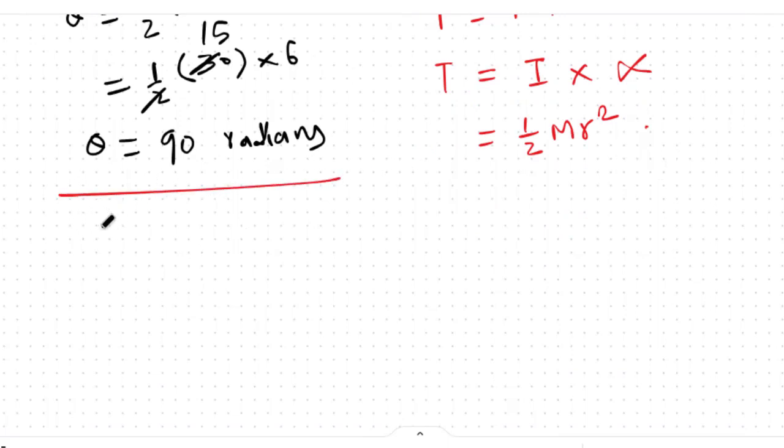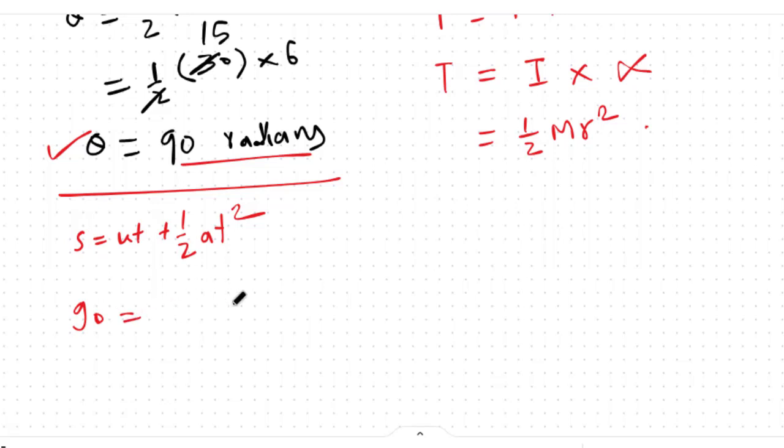Again, we can use the kinematic equation. s is equal to ut plus 1/2 at square, where s is the displacement. We know the angular displacement is 90 radians, so we are going to use the equation for angular motion. So s is basically theta. So 90 radians is equal to ut, where u is the initial velocity.